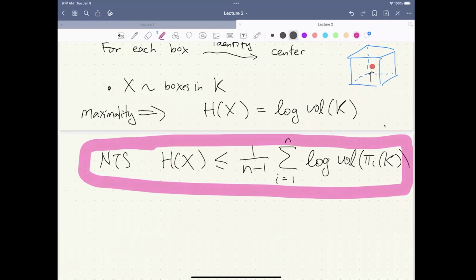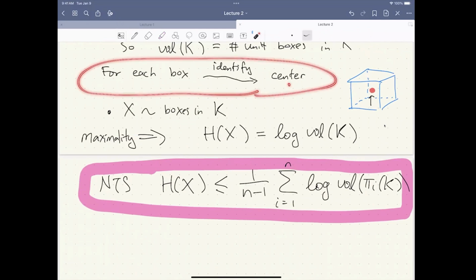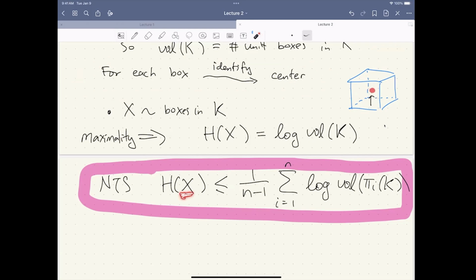To prove this, we'll first notice that we want to write X in vector form, and then use the chain rule, Shearer's lemma, whatever. How do you write it in vector form? As we said, we're going to identify each box by its center. This center is a point in R^n, which in particular has n coordinates. So we think of X as the center.